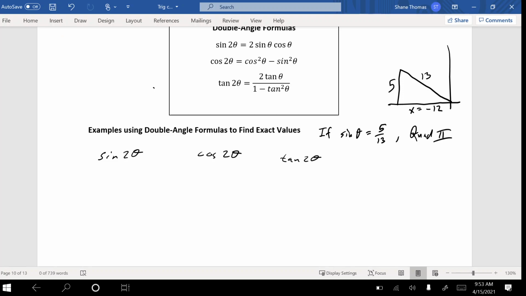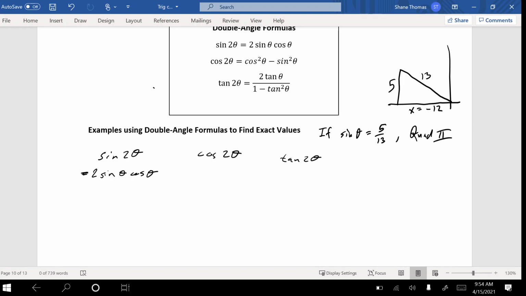Sine of 2 theta, the cosine of 2 theta, and the tangent of 2 theta. All right, let's go first with the sine. So the sine of 2 theta, I have to apply the double angle formula that we have above. So this is going to be equal to 2 sine of theta, cosine of theta. Now let's just start plugging in stuff we know.